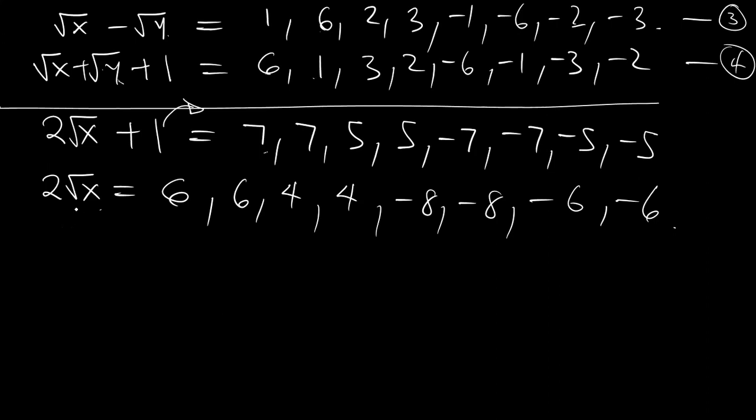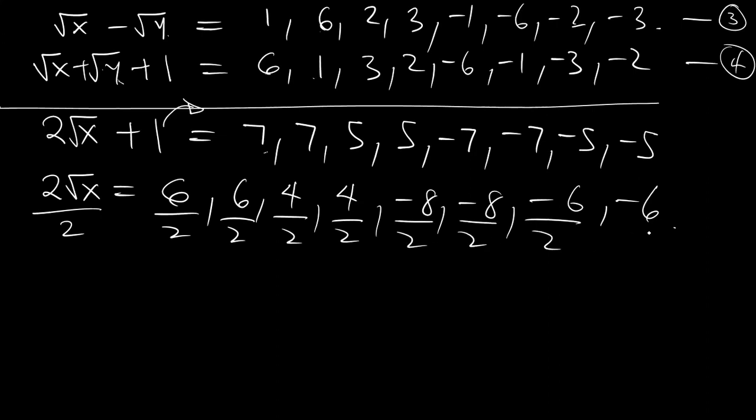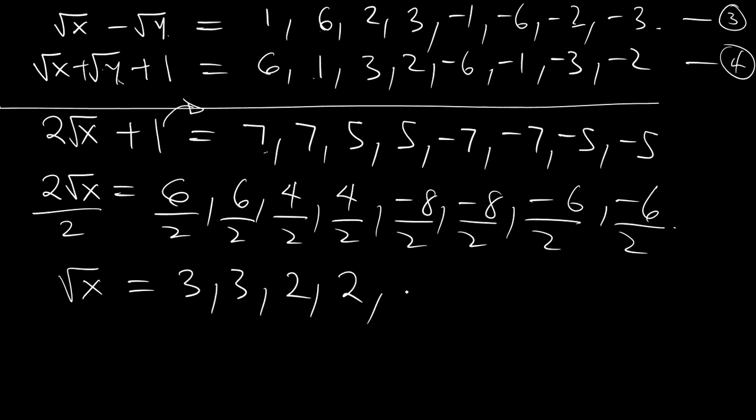So you divide all through by 2. Now you have square root of x equal to 3 or 2 or minus 4 or minus 3.